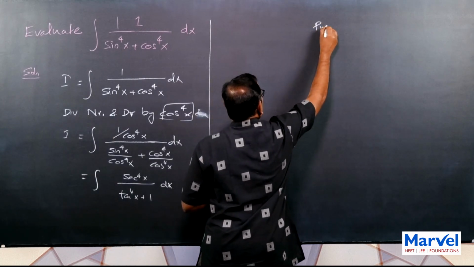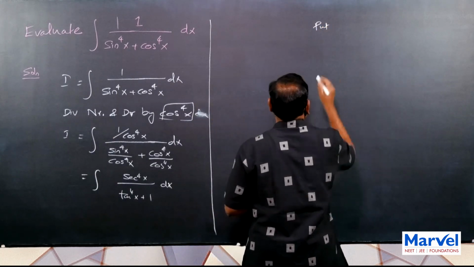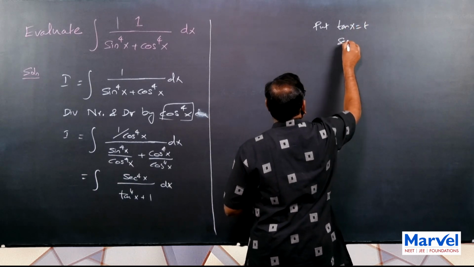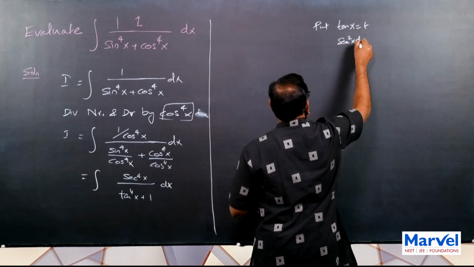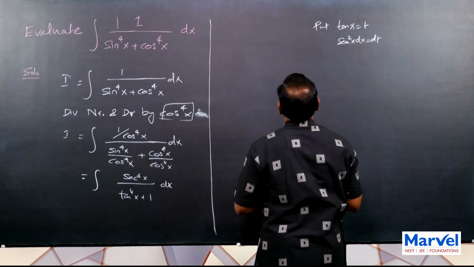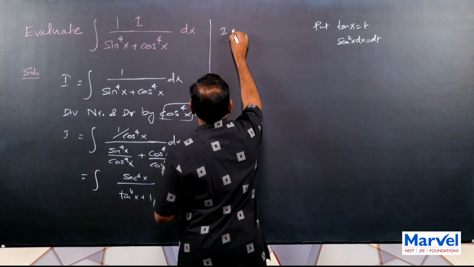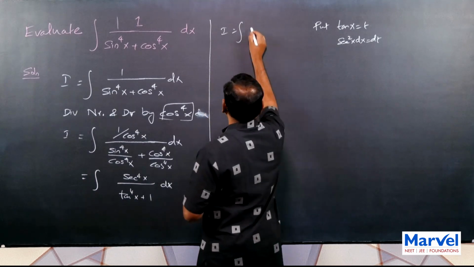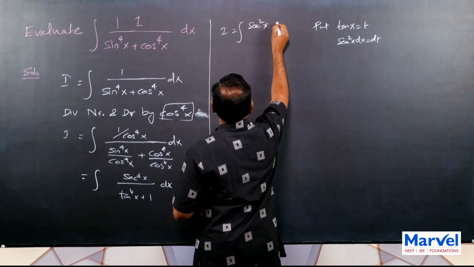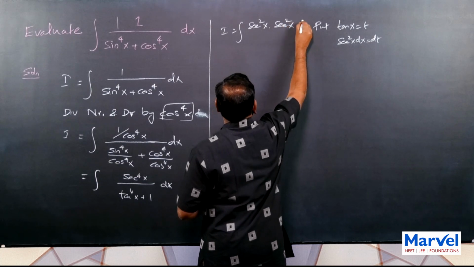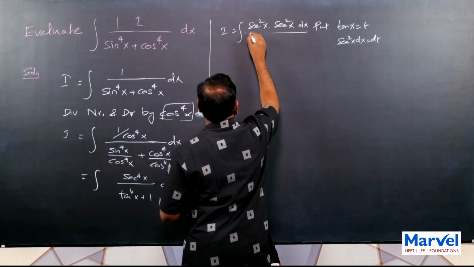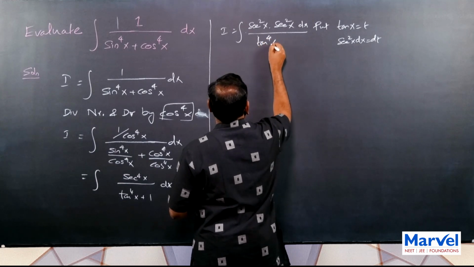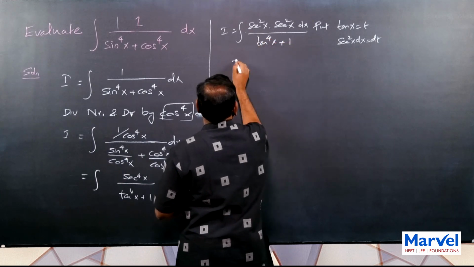Put tan x equal to t, secant square x dx equal to dt. Therefore I becomes, we can write secant power 4x as secant square x into secant square x dx by tan power 4x plus 1.